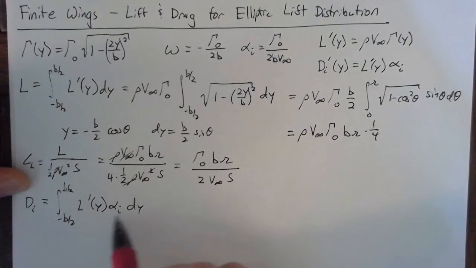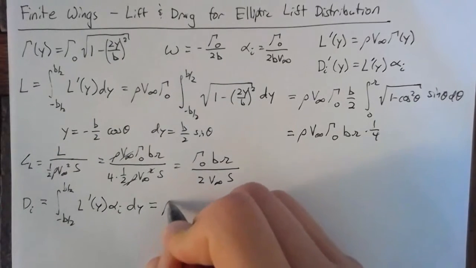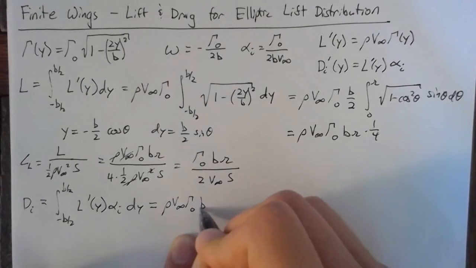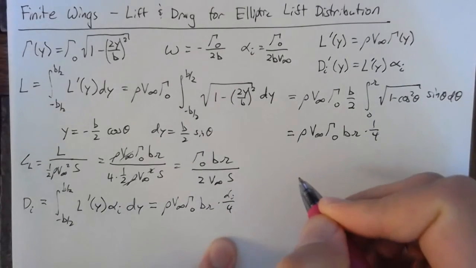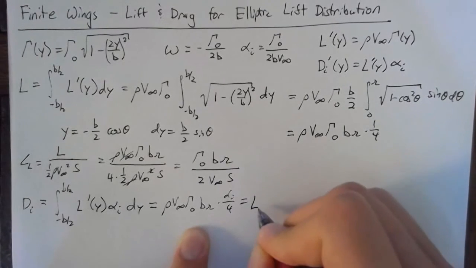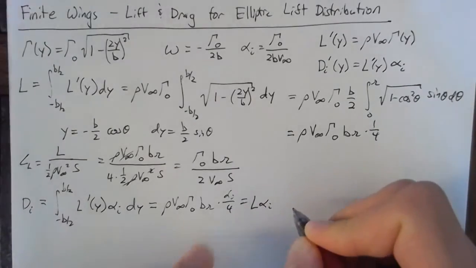Well, we already know that this is a constant, so we can just bring it out. So this is simply going to be equal to rho times v infinity gamma naught b pi times alpha I over 4. Well, really that's a lot more than we want to say, so we're just going to say that this is lift times alpha sub I.